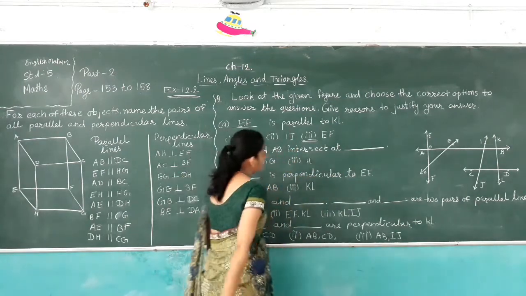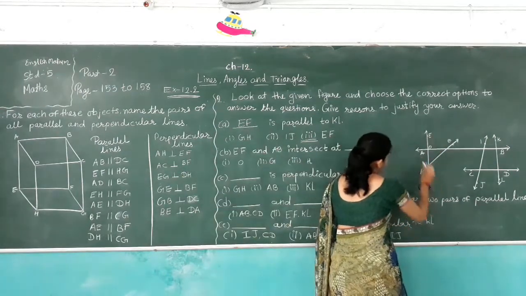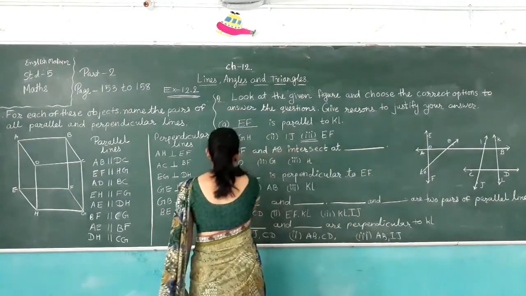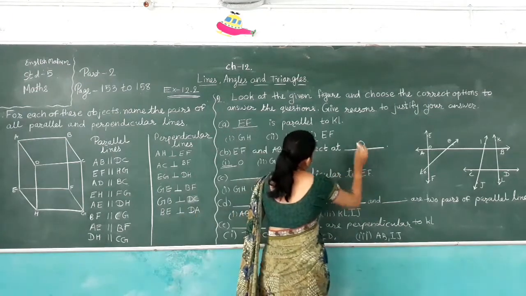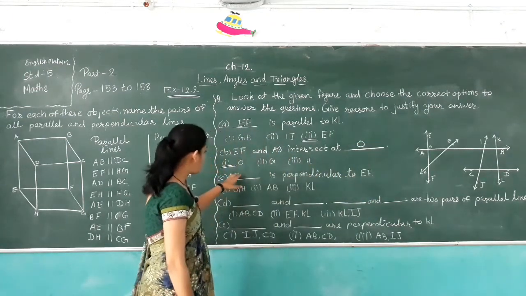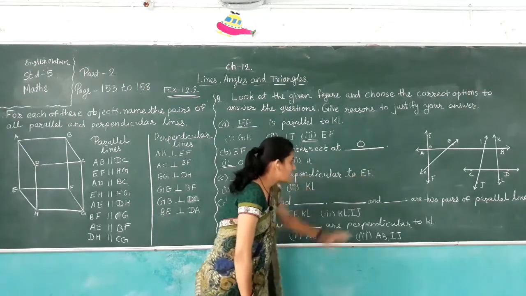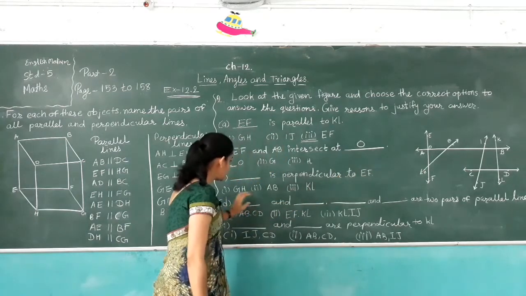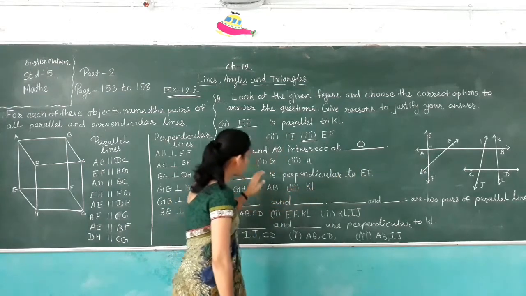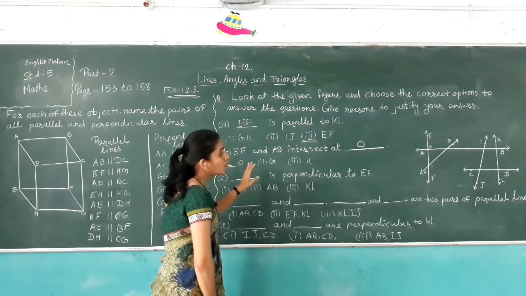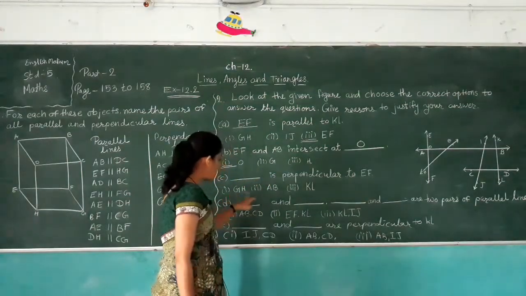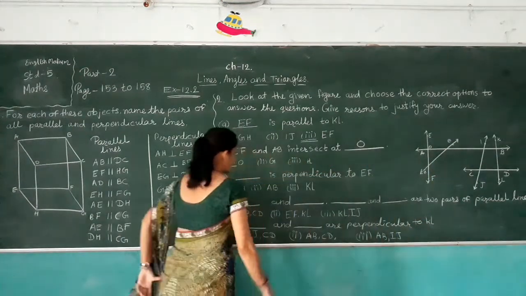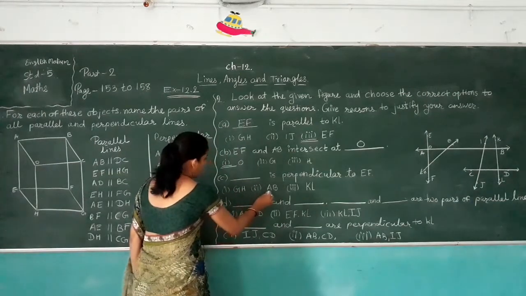EF intersects AB at the point O. Blank is perpendicular to EF: GH, AB or KL. So AB, here A and B.